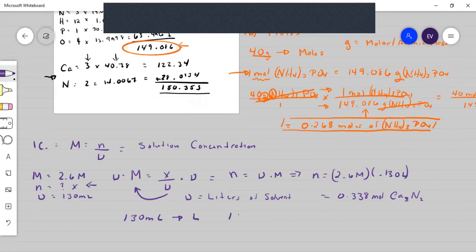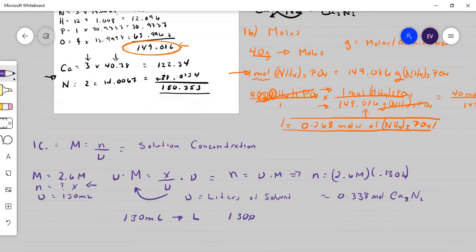It's simple. 130.0 milliliters to liters, move the decimal over 3 times because there's 1,000 milliliters in 1 liter, right? So 130 milliliters is going to be 0.130 liters, which is why I used that value right here. All right. This is something that's fresh. We just took notes on this. You should have been able to solve that.